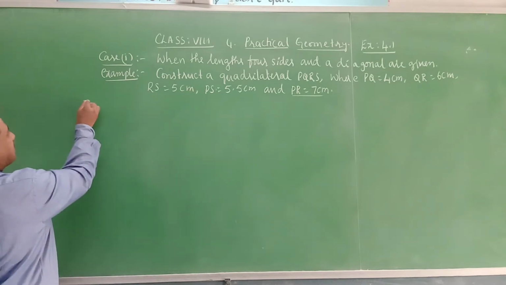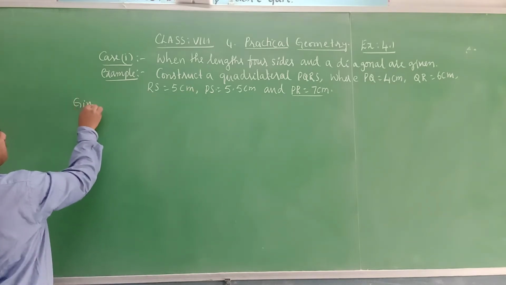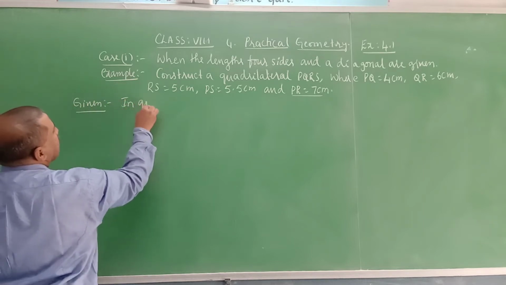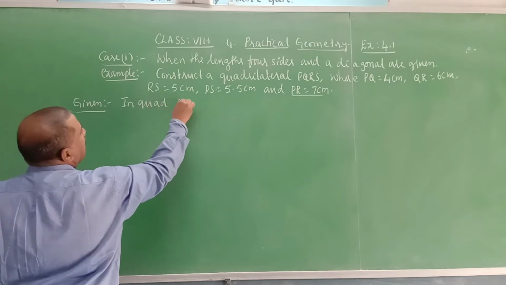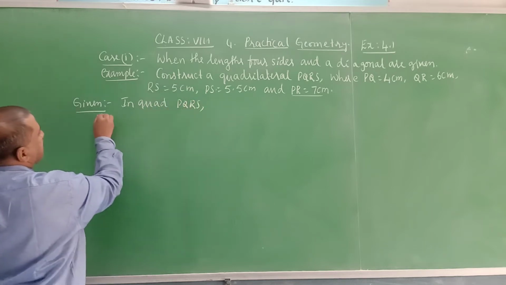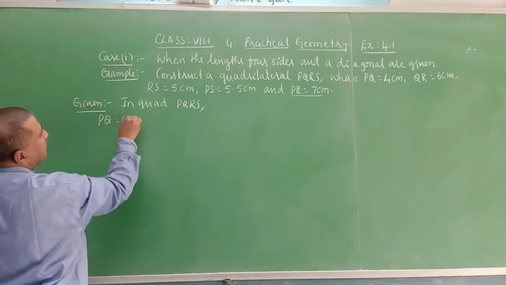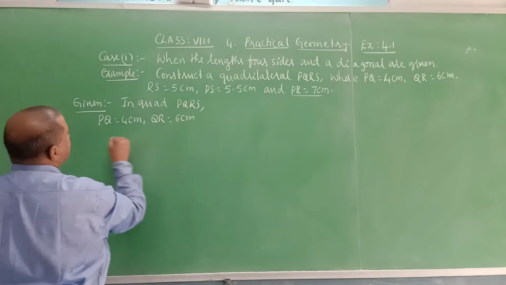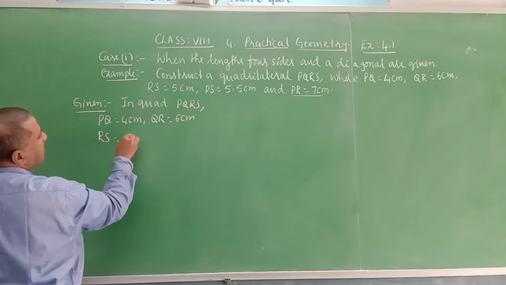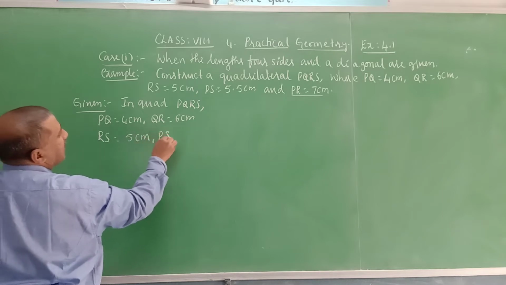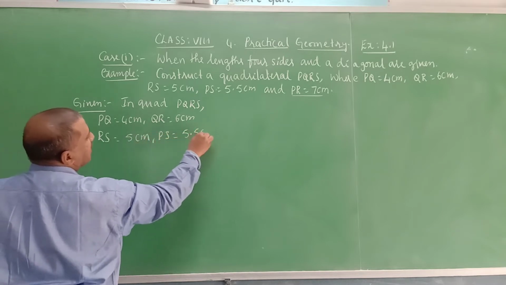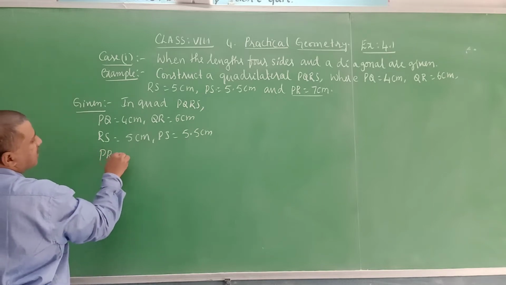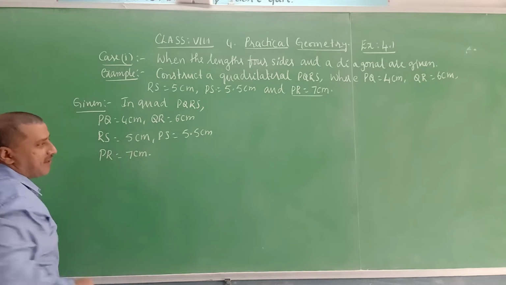For this construction we have four headings. First is the given data. What is given here? In quadrilateral PQRS, the sides PQ is equal to 4 centimeters, QR is equal to 6 centimeters, RS is equal to 5 centimeters, PS is 5.5 centimeters, and finally the diagonal PR is equal to 7 centimeters.